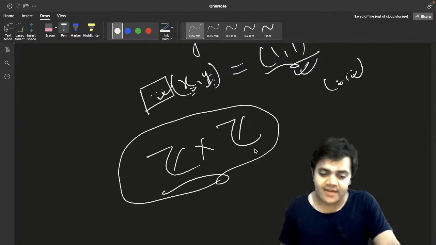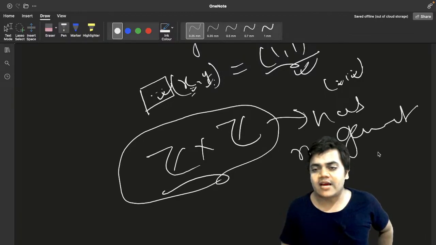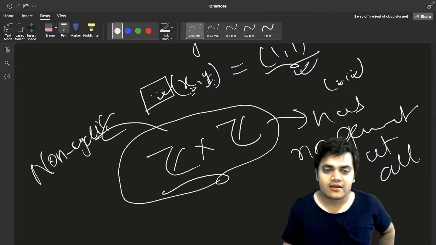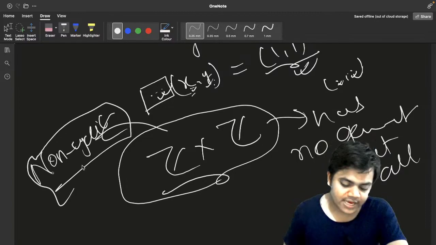So we can say this Z cross Z has no generator at all. And therefore, you will not hesitate to say this is non-cyclic.